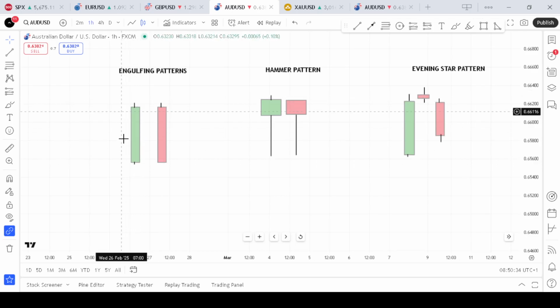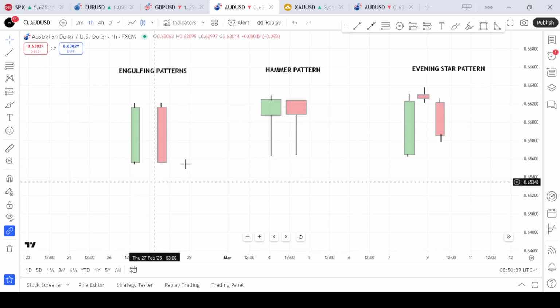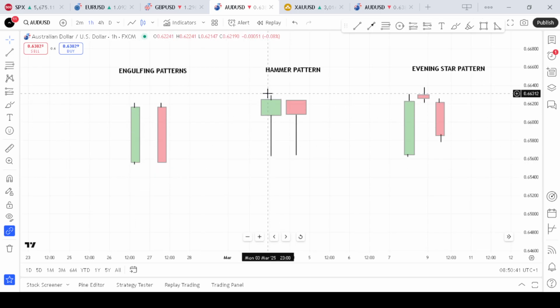This green candle to the upside is a typical example of a bullish engulfing, followed by a hammer pattern. The hammer pattern is also a typical example of a bullish pattern.